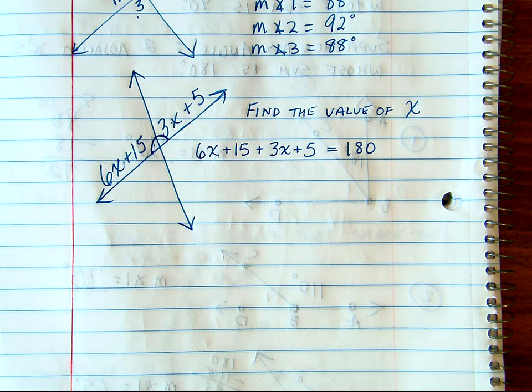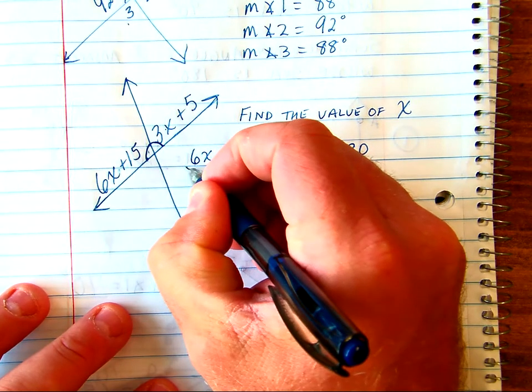So now we need to do a process, which you might have heard from last year, called combine like terms. Have you ever heard of that phrase before? Okay, we are going to combine like terms. We are going to combine the 6x and the 3x.